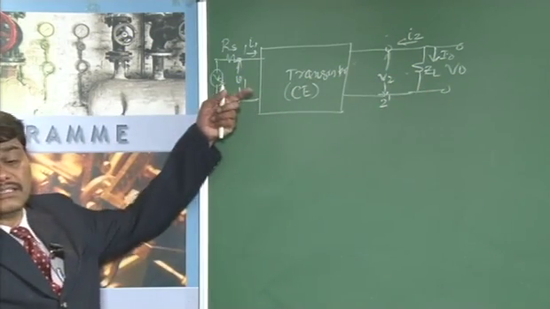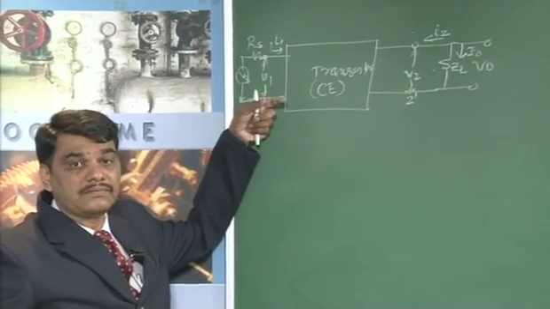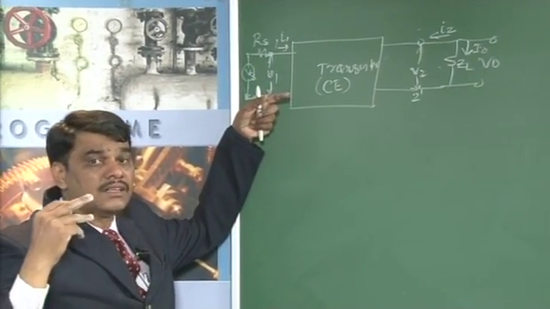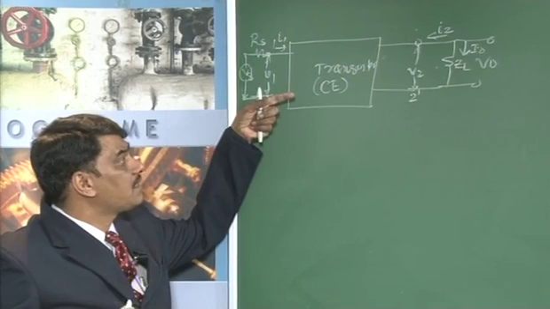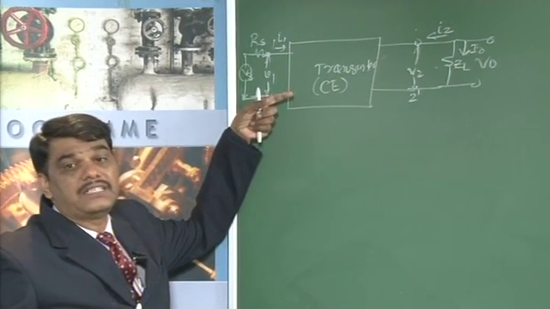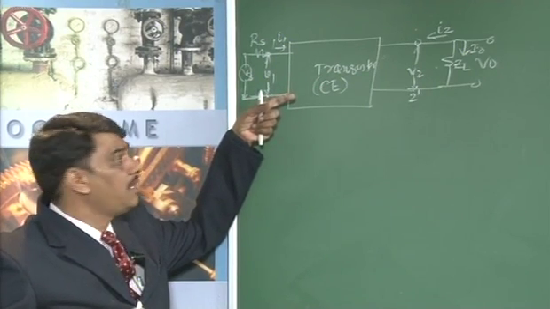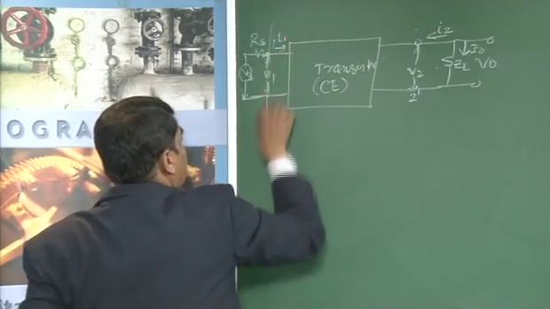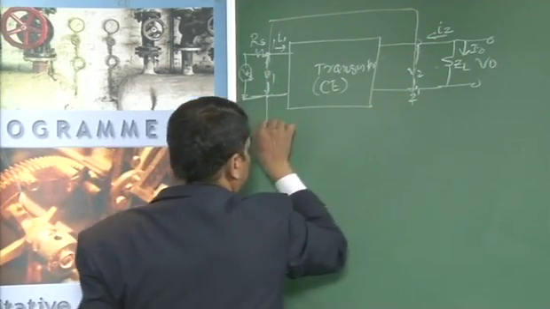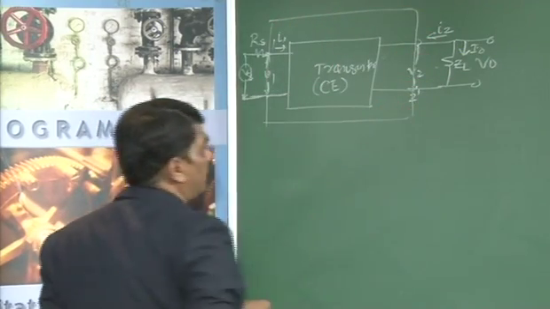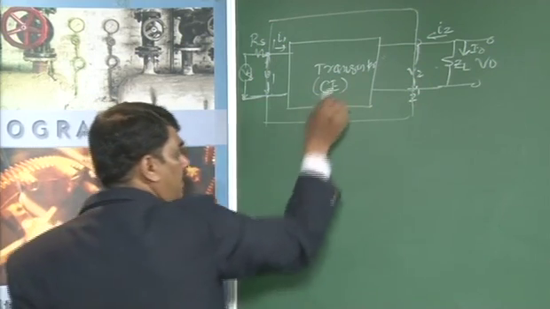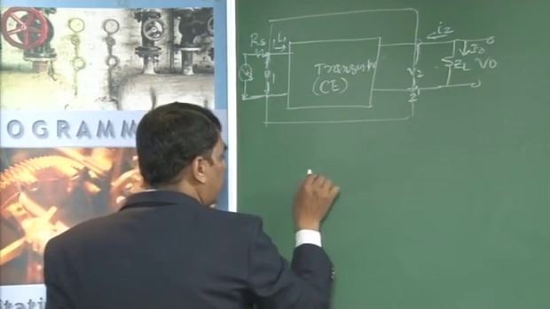This linear network can be analyzed by replacing the transistor with its equivalent model. Instead of the transistor in CE configuration, you consider a general amplifier.